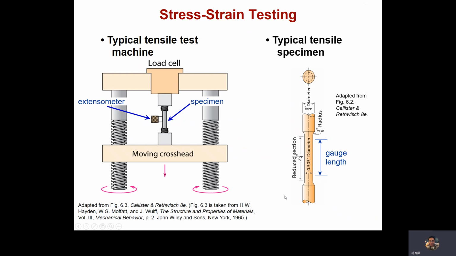We take a rod or plate specimen of metal or alloy and pull it until fracture. We define a gauge length as the initial length of the metal sample, and after fracture we measure its cross section and its length.